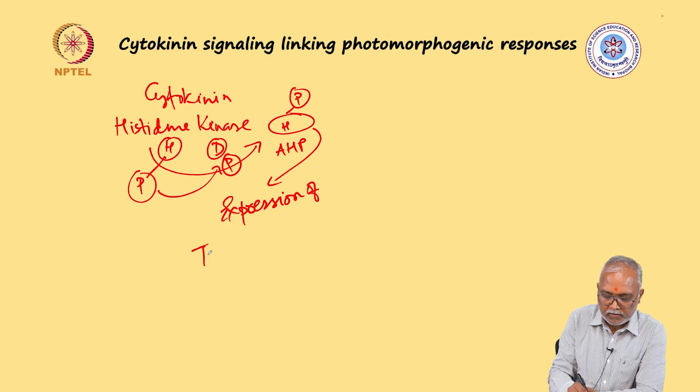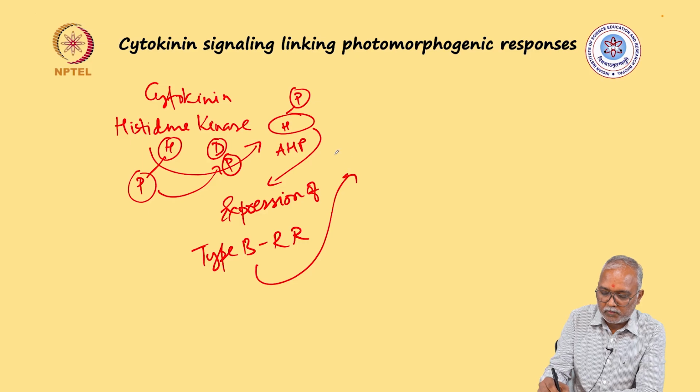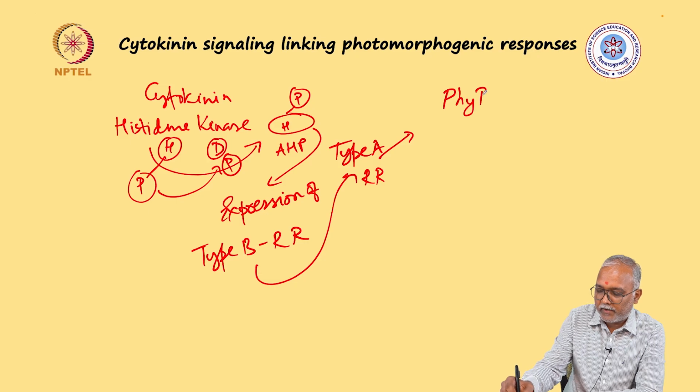of type B response regulator, which was feeding back onto type A response regulator, and this type A response regulator was working through the phytochrome B interconversion. This is active, this is inactive.